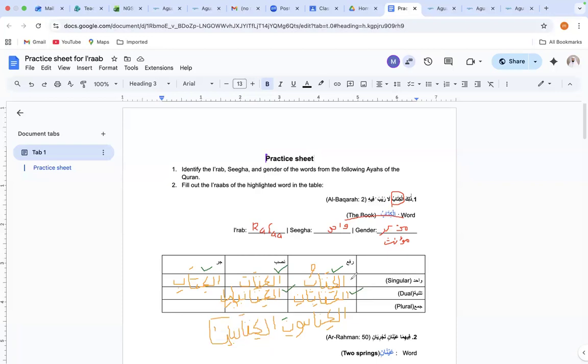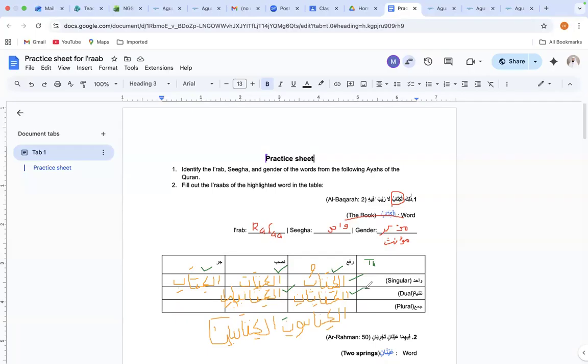طيب. Now, if I were to ask about the translation of al-kitabu, it means the book, as we know. But how about the translation of this in the form of dual? The two books.